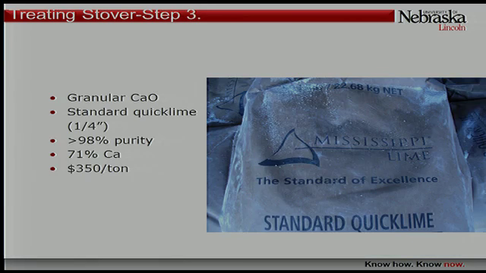The calcium oxide that we've been working with is the granular standard quicklime. It's a very fine particle size, 1/4 inch to essentially dust in diameter. Very high purity product, and from what I understand, there are many types and kinds and even higher levels of purity that are retailed, and this is the kind that we've been working with.